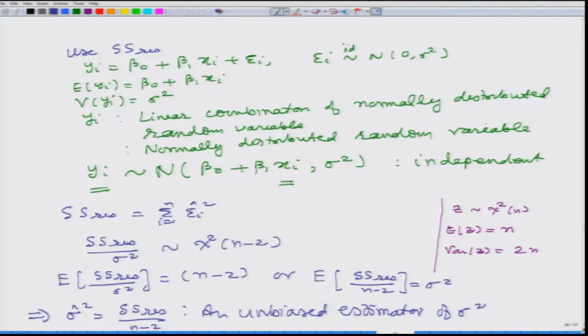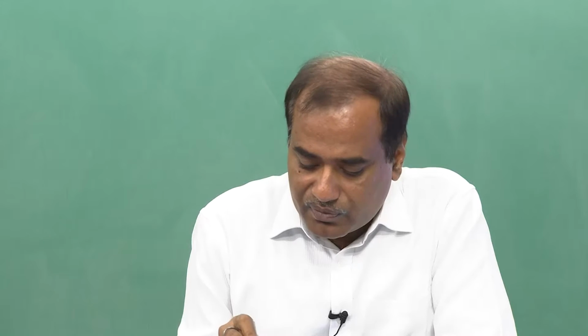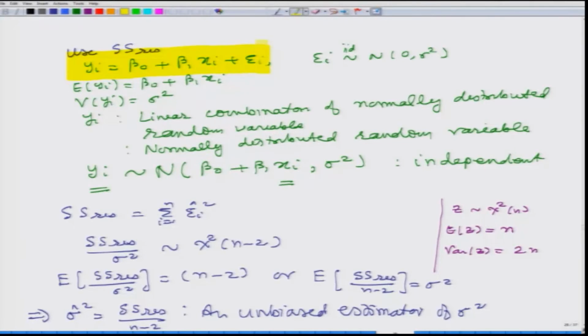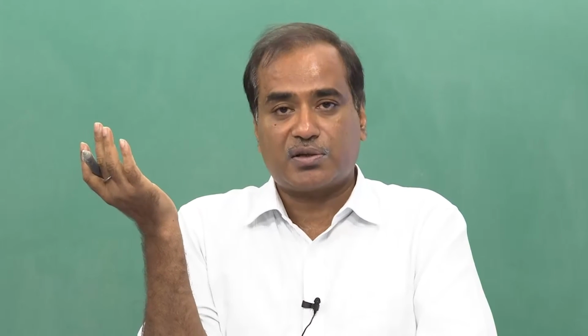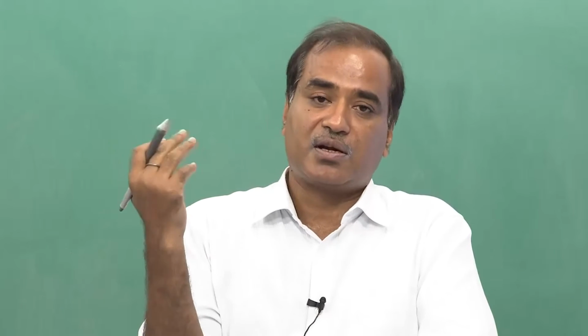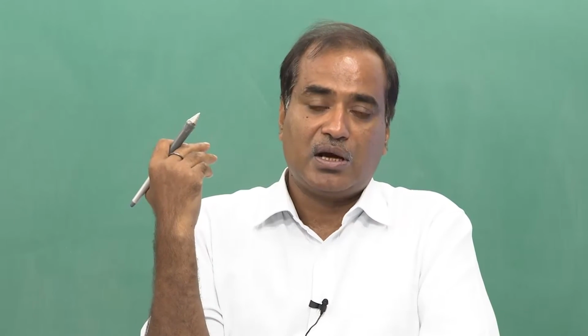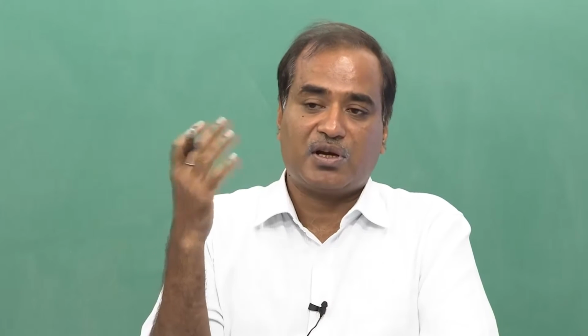Right. So, now if you try to observe what we have done, we started with the model yi is equal to beta 0 plus beta 1 xi plus epsilon i, and based on that we have three parameters beta 0, beta 1 and sigma square. All of them were unknown to us. What we did? We collected a sample of data and we had n observations, something like x1, y1, x2, y2, up to xn, yn.